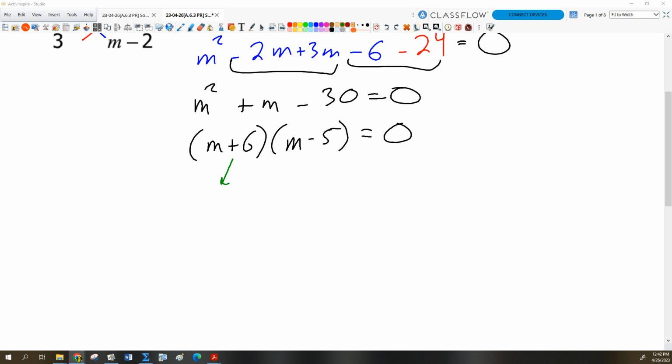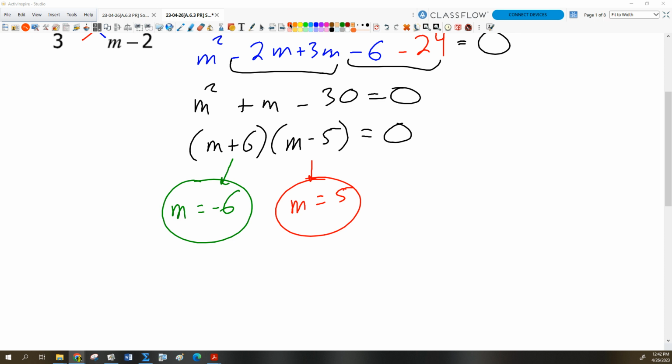So a product of factors equals 0 whenever the individual factors are 0. So what value of m is going to make that factor 0? Negative 6. So there's one solution, m equals negative 6, or there's one. The other possibility would be this guy. What would that be? Positive 5.